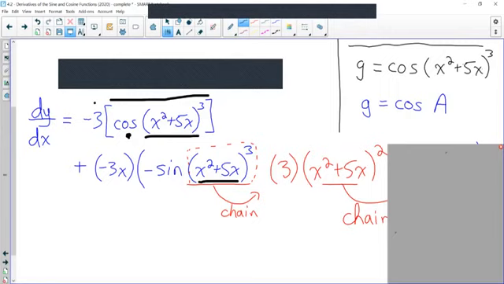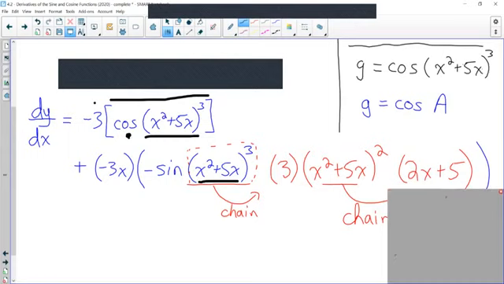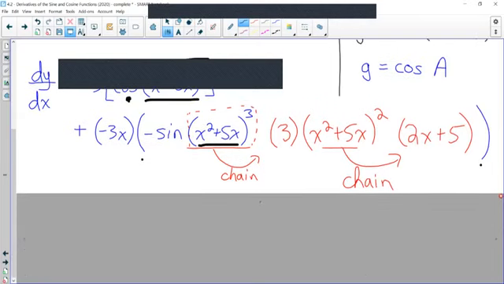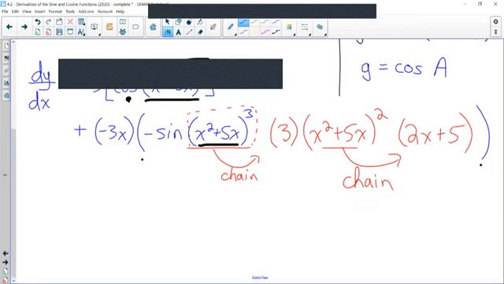The derivative of x squared plus 5x gives us another multiplication of 2x plus 5. So everything inside this blue set of brackets that you see here, from here to here, is just the derivative of g. Very ugly and very messy, but I just wanted to forewarn you of some of the things that are up and coming in this wonderful unit.